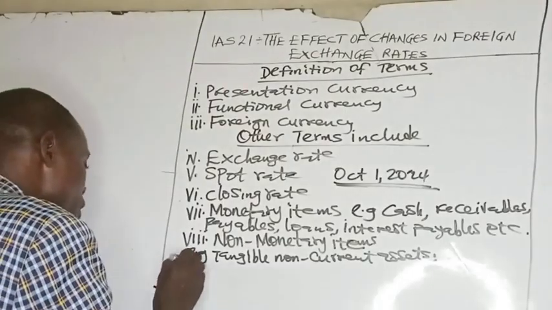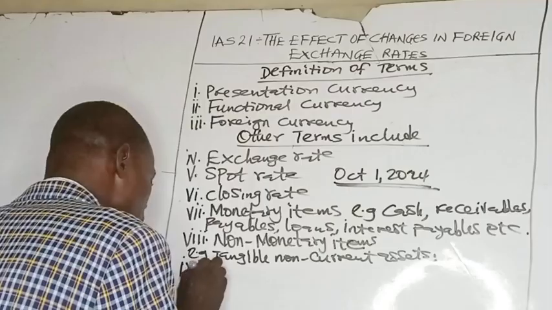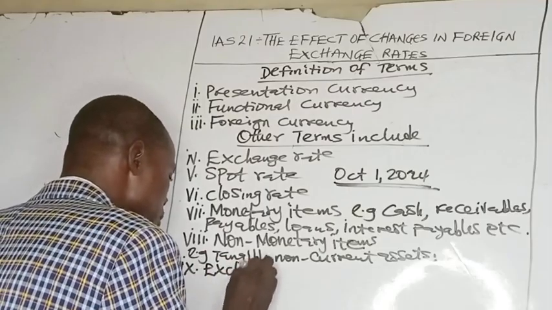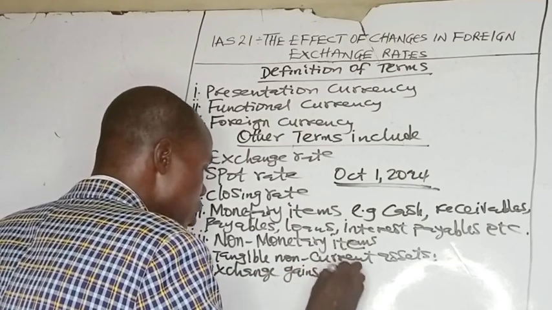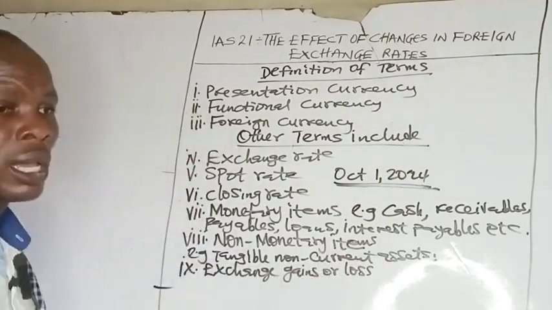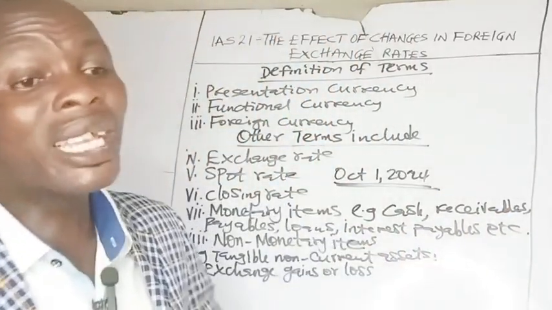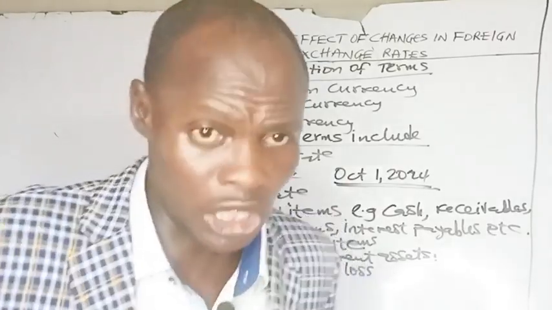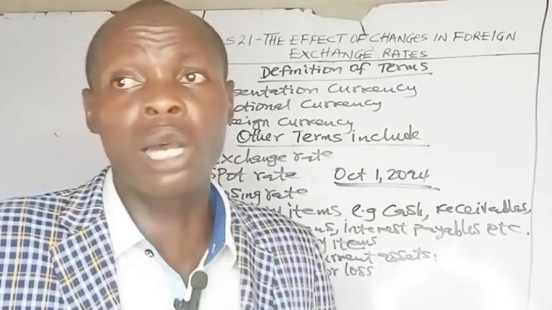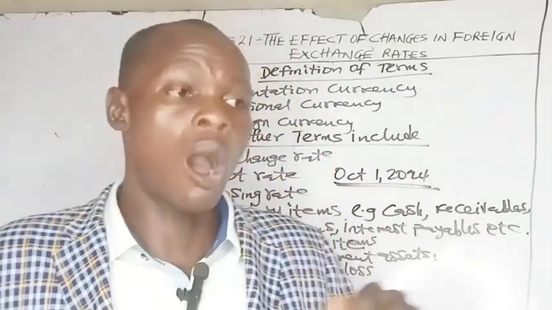Number nine, we have the exchange gains or loss. Transactions in foreign currency usually give rise to gains or loss on translation. The gains or loss on translation are called the exchange gains or loss.